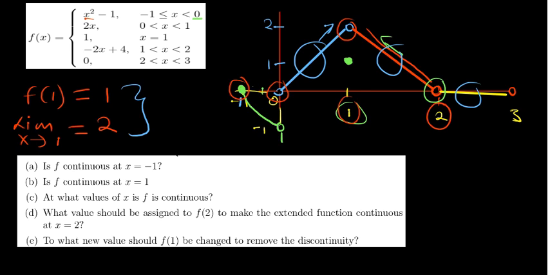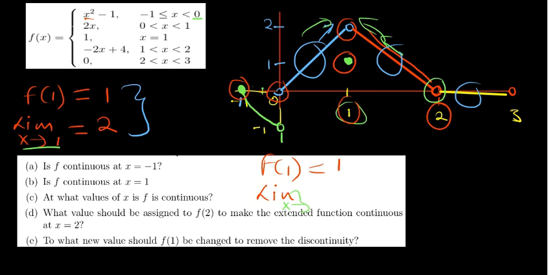If you look at f of 1, you can clearly see that the function itself at f of 1 is 1. The limit, which I indicated here, as x approaches 1 from both the positive and negative side is equal to 2, as we can see. They are all approaching 2 from the left and the right.